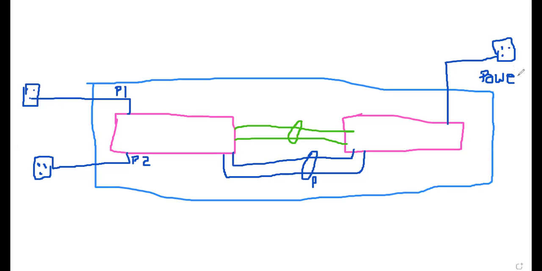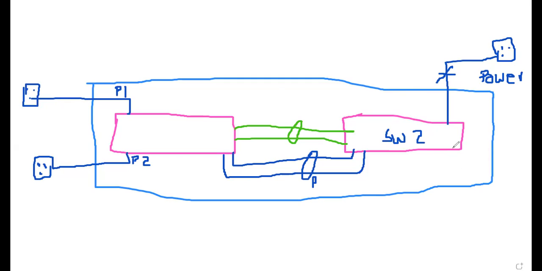As an example, in this switch, switch 2, if this power goes down, what's going to happen? If the switch doesn't have redundant power, the switch itself will shut down.